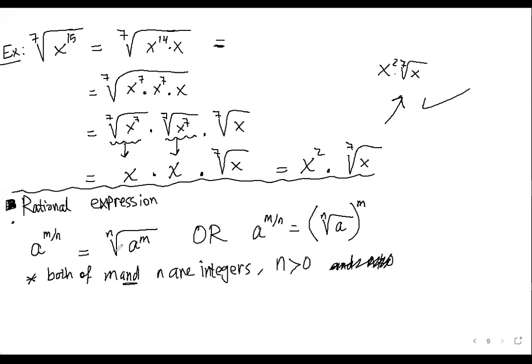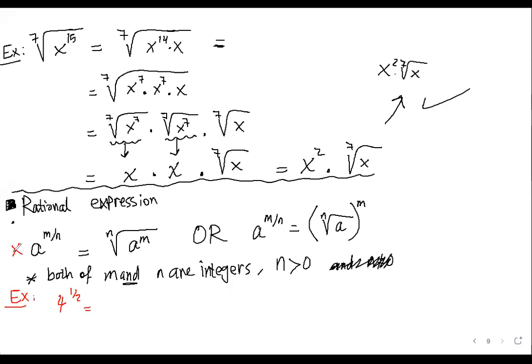So like I said before, if n is even here, a must be positive. Let me give you an example. What is 4 to the power 1/2?